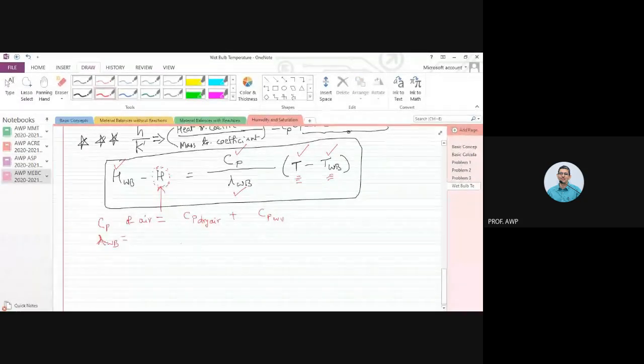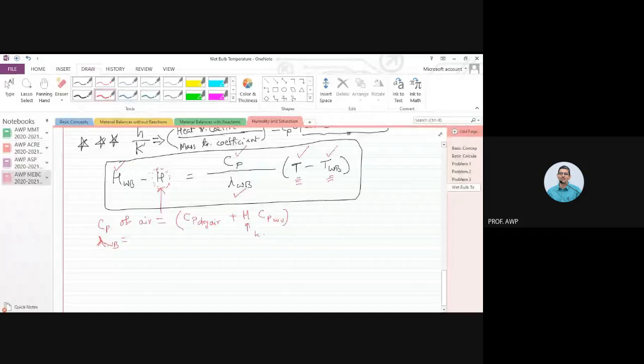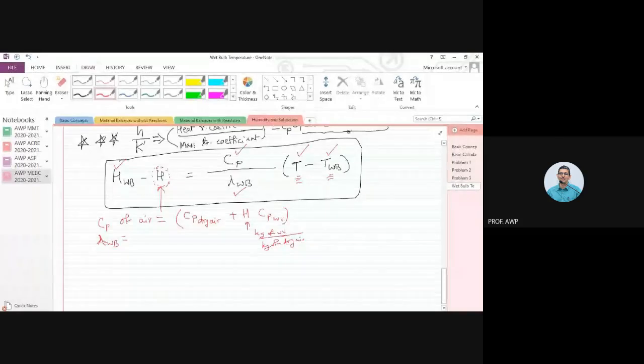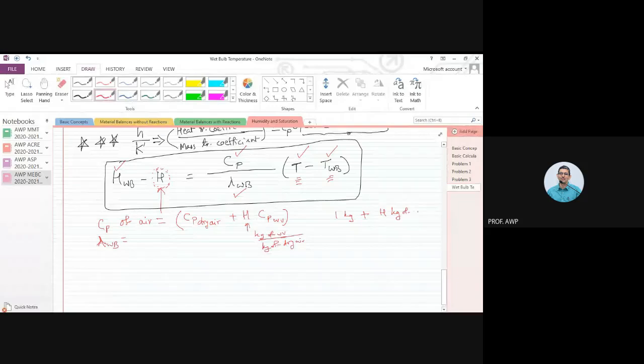Okay. So if you take 1 kg of that dry air, what you are actually going to get is Cp of dry air plus H times Cp of water vapor, because H is in terms of kilograms of water vapor per kg of dry air. So if you take 1 kg of dry air, what you get is actually 1 kg plus H kgs of water in the vapor form.